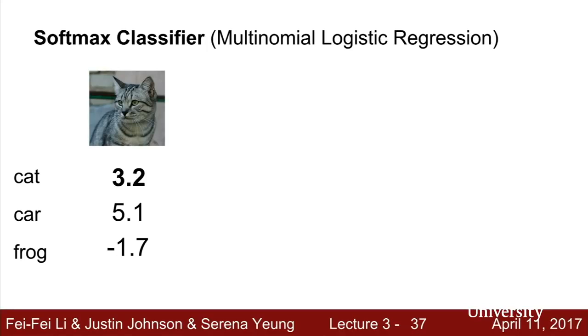So another really popular choice in deep learning, in addition to the multi-class SVM loss, is multinomial logistic regression, or a softmax loss. This one is probably a bit more common in the context of deep learning, but I decided to present it second for some reason.